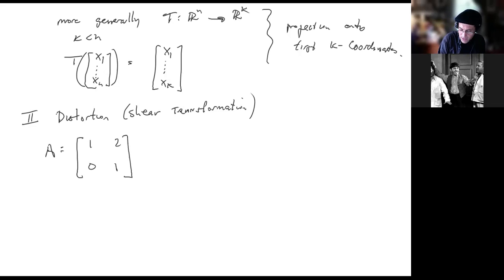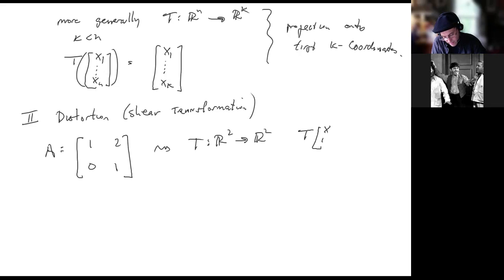As before, this defines a linear transformation, in this case from R2 to R2, in which T of (x, y) is given by the matrix 1, 2, 0, 1 times the column vector (x, y). That's a linear transformation.